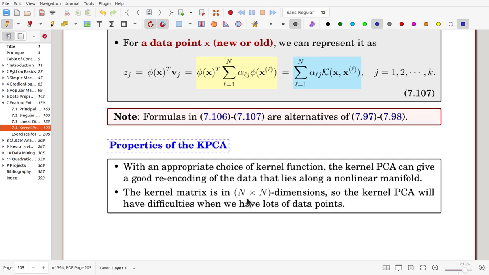But anyway, rather than solving in p dimensions, where sometimes p is much larger than n, and even p can be infinity, this kernel PCA is a way of getting it done.